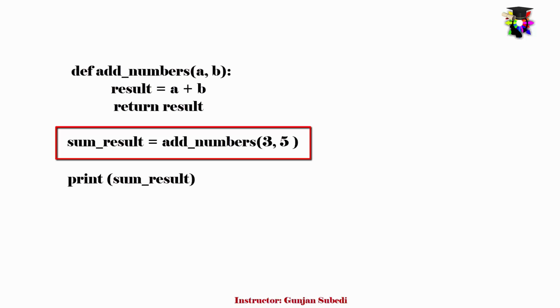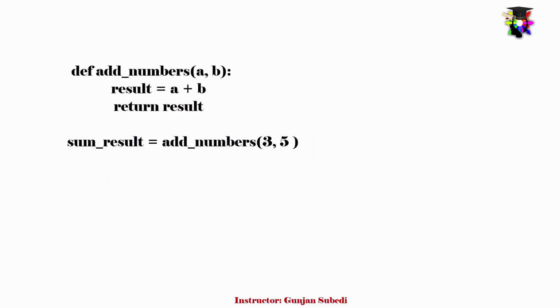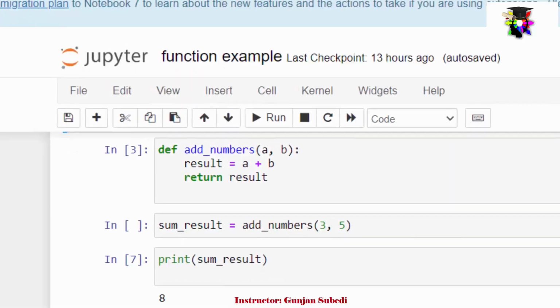The values 3 and 5 are passed to the function as arguments and are assigned to the parameters a and b respectively. The function computes the sum of 3 and 5, which is 8, and returns this result. The returned value 8 is then assigned to the variable sum_result. This line prints the value stored in sum_result, which is 8. Thus, when you run this code, it will output 8 to the console.